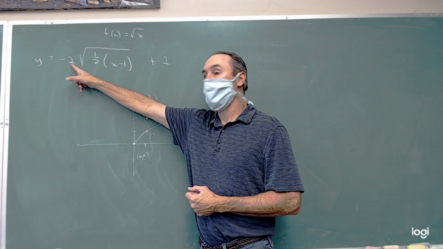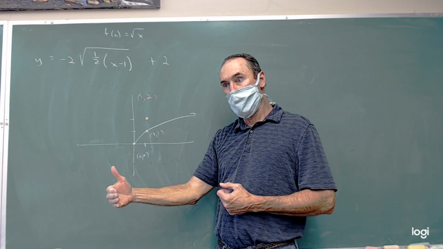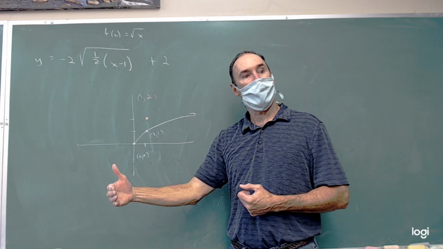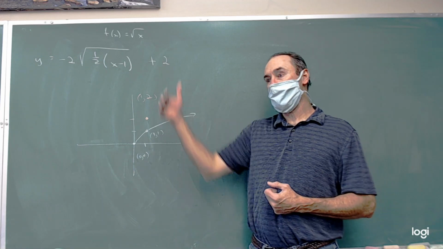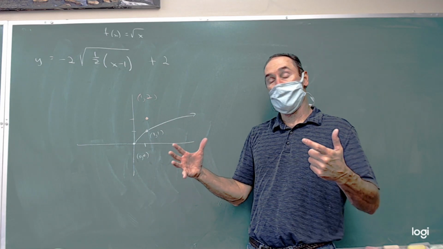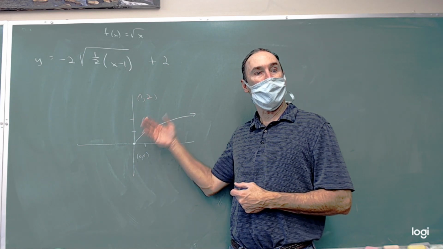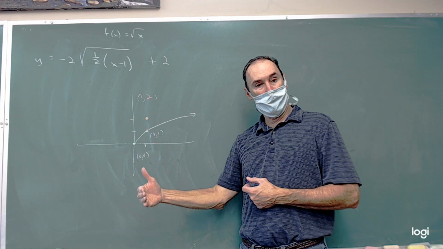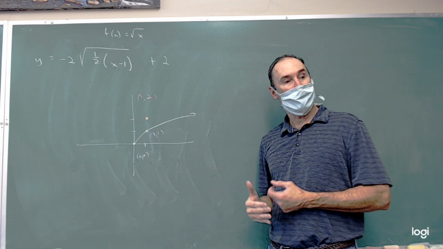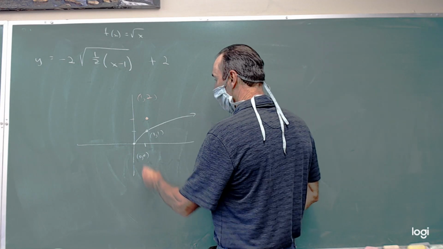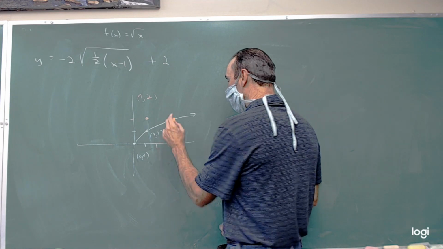And the vertical stretch means we're going to go down 2, and the horizontal stretch means we're going to go right 2 as well. So from the translated 0, 0, we're going to go down 2 for the reflection and the vertical stretch, and right 2. So going down 2 and right 2 is going to put us at this point right here.